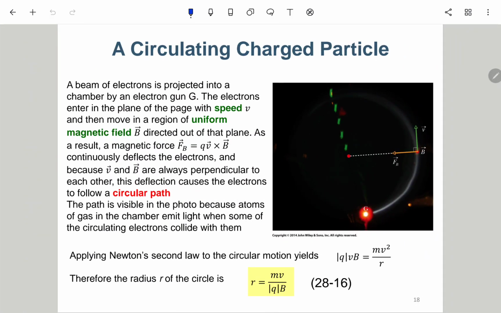So next, we also talk about the circulating charged particle. Here we assume there is a uniform B field, directed out of the plane.